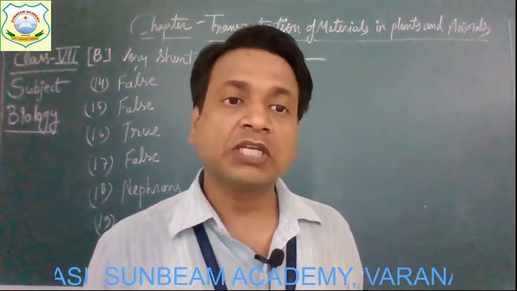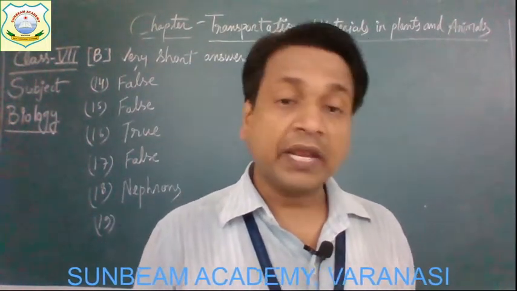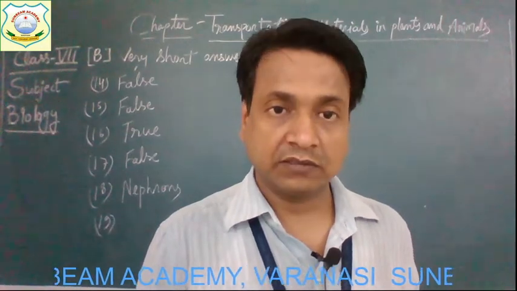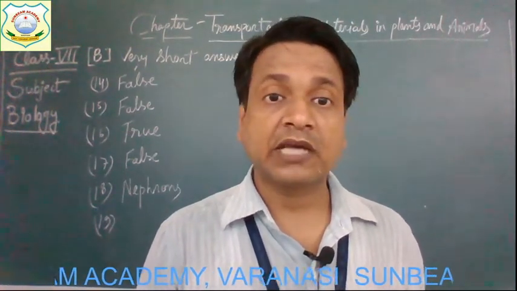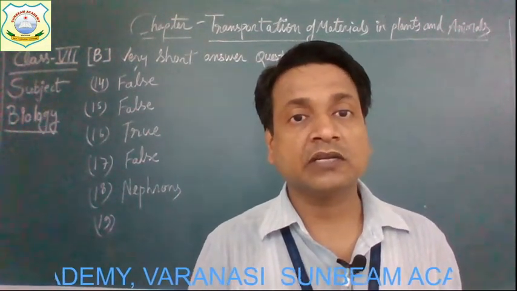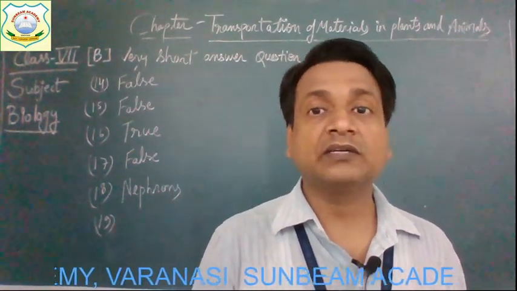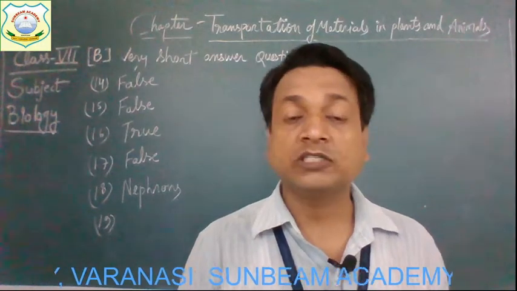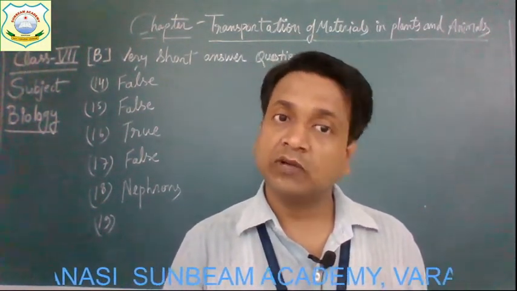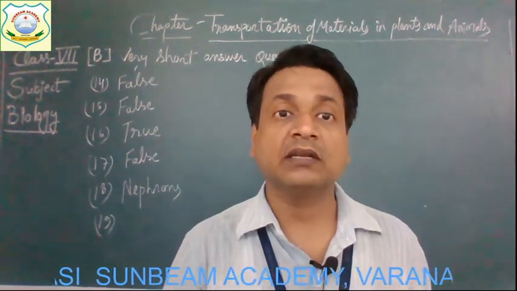Okay? Now, question number 19. In lower animals, excretion occurs by from the body surface. Children, lower animals are simple animals. By which process does excretion take place? Because they don't have any excretory system in their body. They don't have any excretory organ.